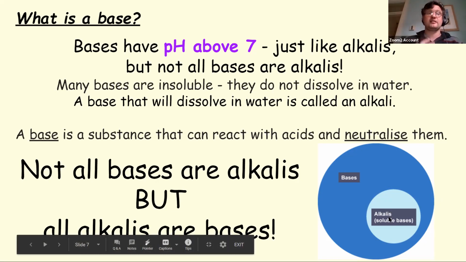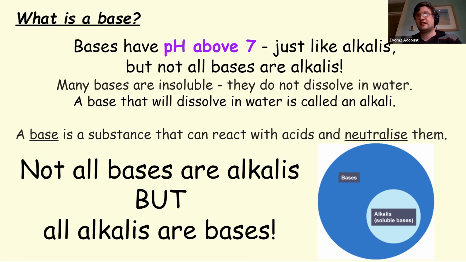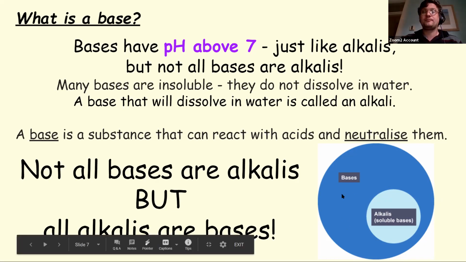Something like, as I said, calcium carbonate, chalk, marble, doesn't dissolve in water to form OH minus ions. Therefore, it's not an alkali. It does neutralize acids, so it is a base. So something like calcium carbonate would sit here in the Venn diagram. Something like sodium hydroxide does neutralize acids, and it does dissolve in water to form OH minus ions, so it's an alkali.